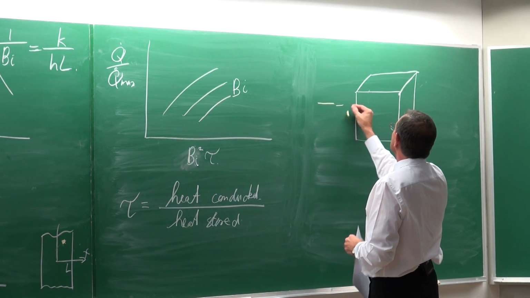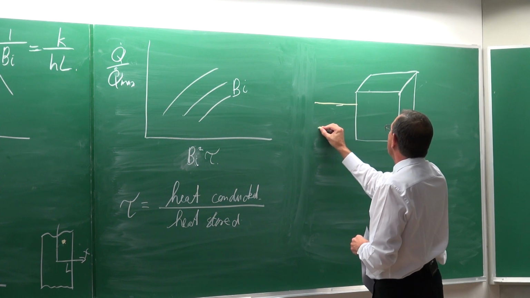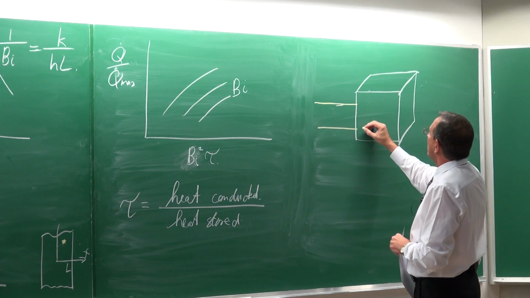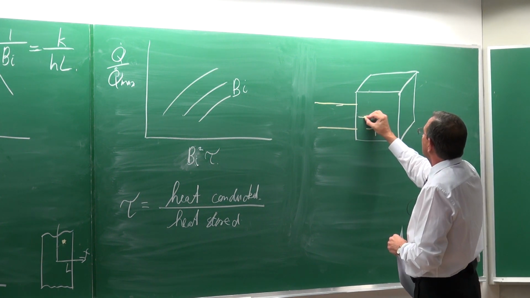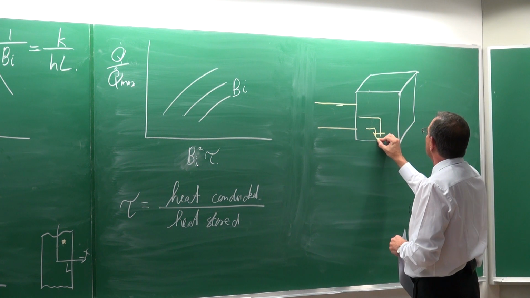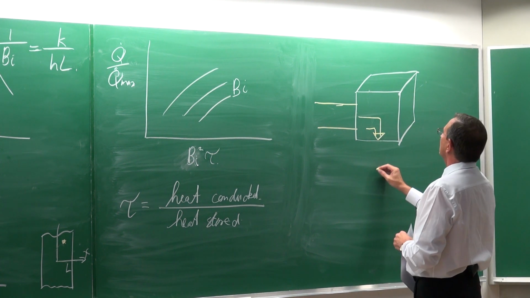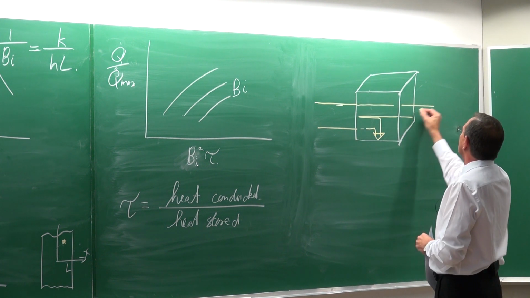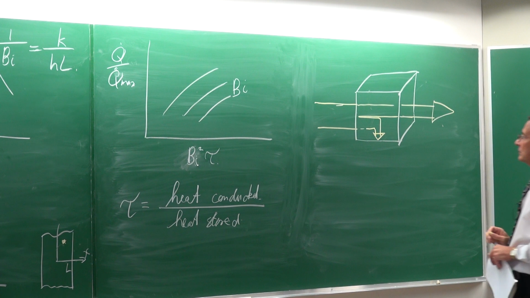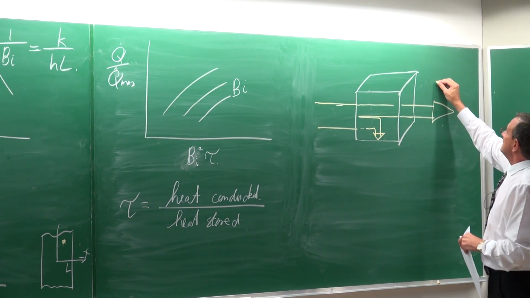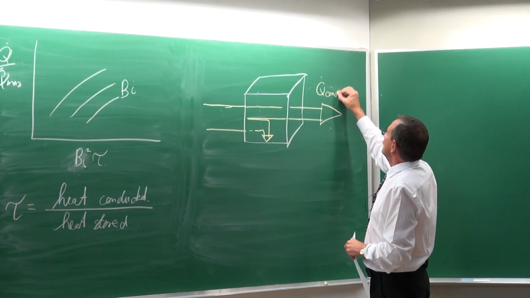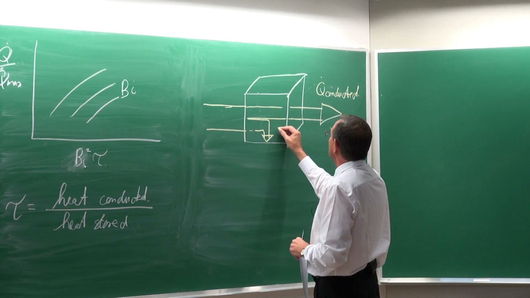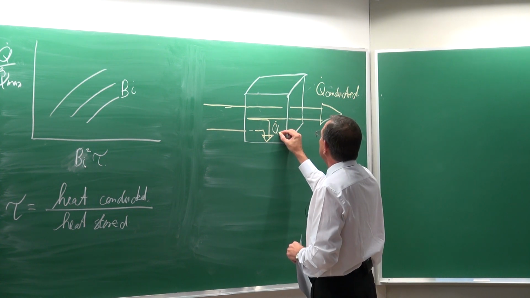And that is the heat transfer rate going into the body. And I'm going to draw it like that. Okay. So this is the heat transfer rate which is conducted through the body. It is going through. And this is the heat transfer that is being stored on the inside.